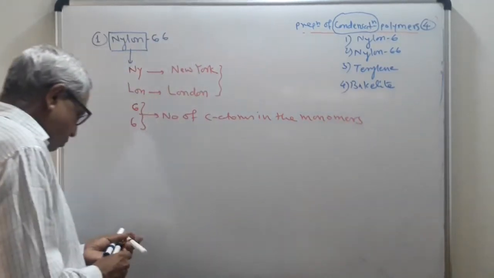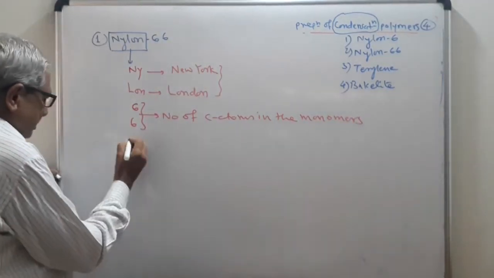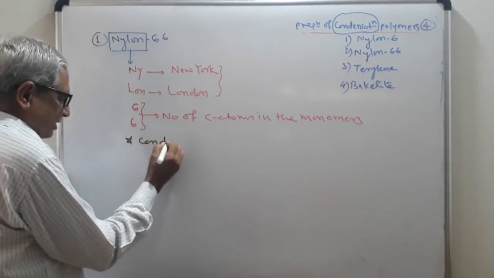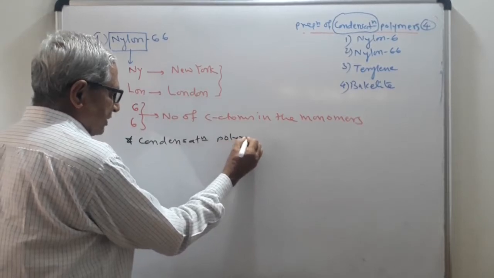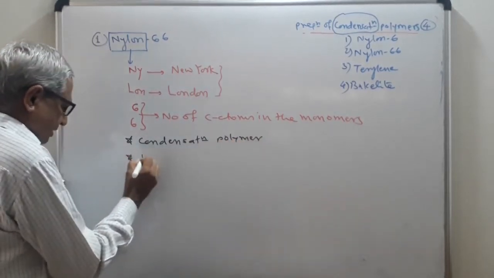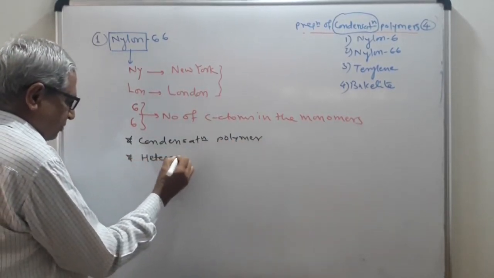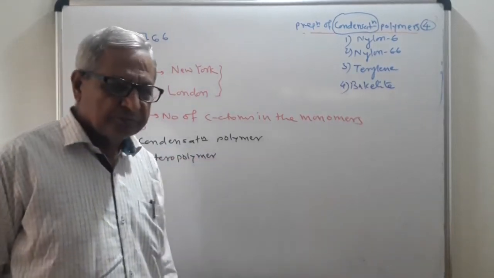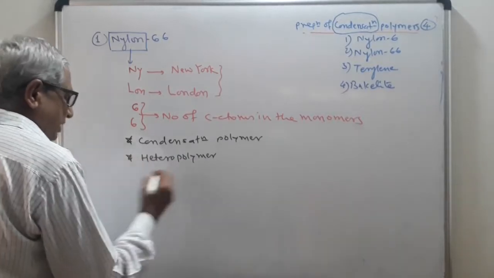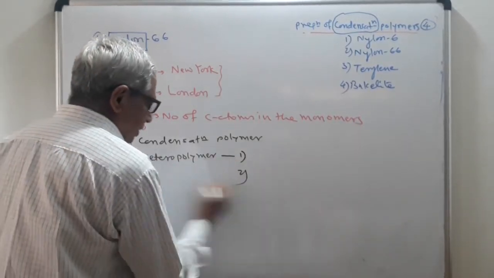Nylon 6,6 is a condensation polymer. Second important question, it is a heteropolymer. Now see, in this case there will be 2 monomers.